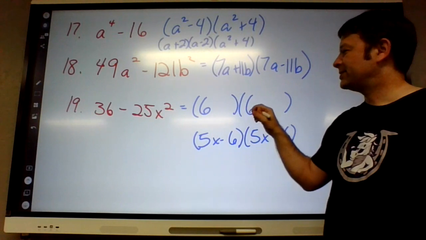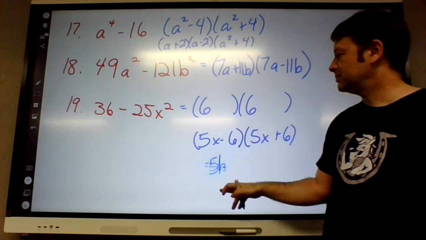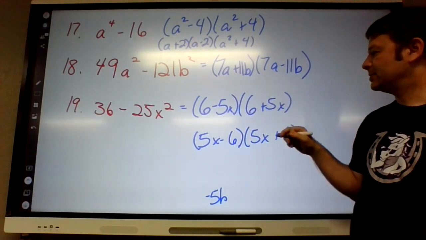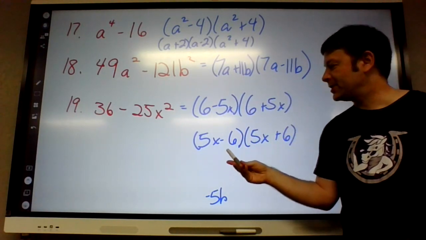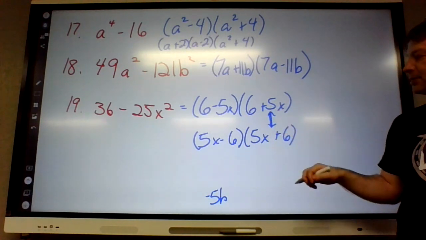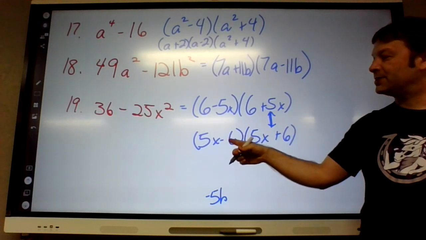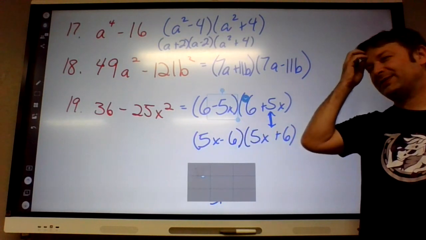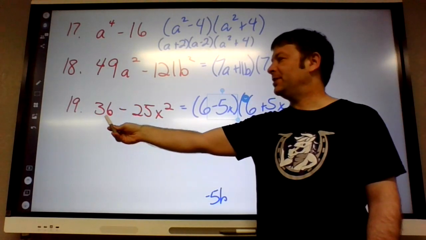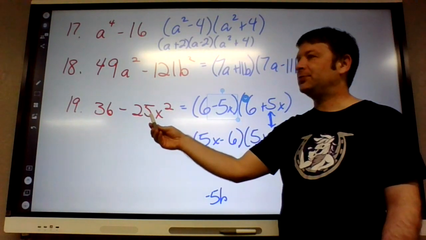So it's actually 6 minus 5x and 6 plus 5x, which is a little bit different than this. These two are the same, but in this one the minus is on the 6 and it's supposed to be on the 5x. So I would just leave the 6 in front, the 5x in back, and then you should be good.